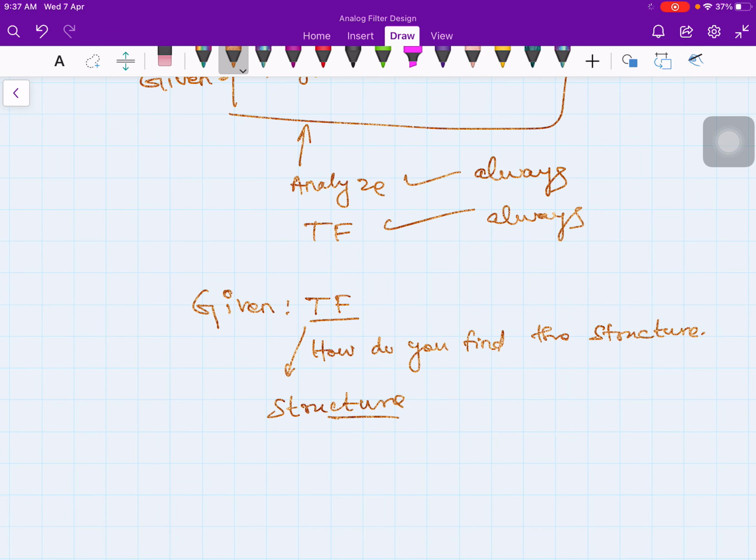So synthesis problems are always characterized by the fact that if one solution exists, this is a very, very important statement. If one solution exists, then there exists an indefinite number of solutions.